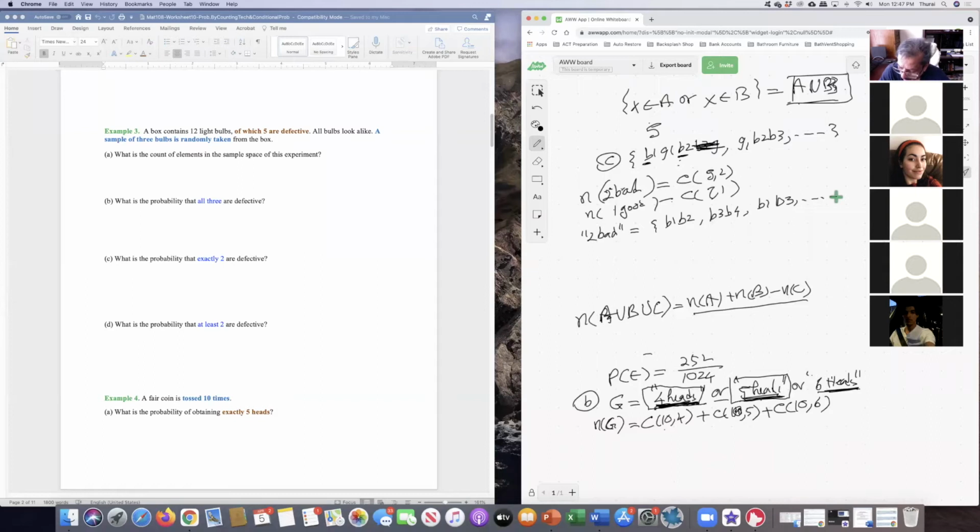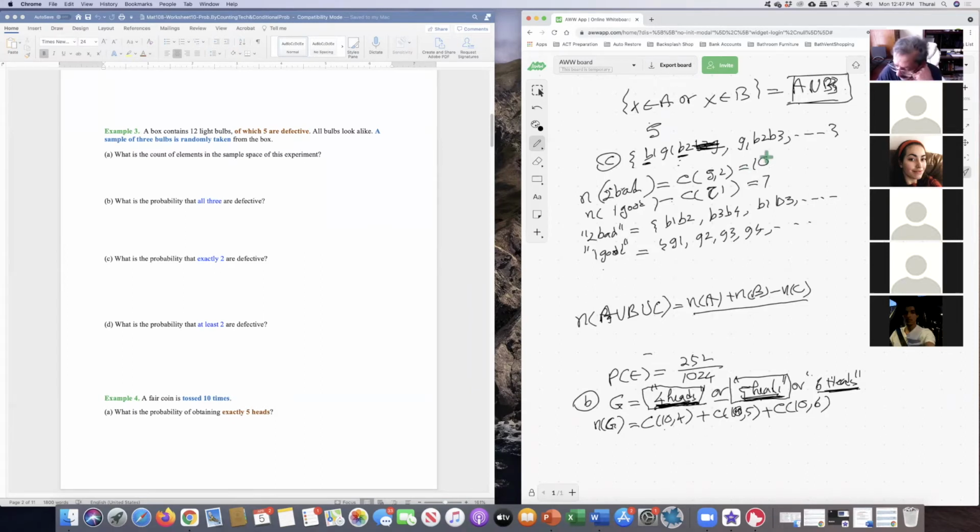And then the one good can be, that's another event. So that event has G1 or G2 or G3 or G4. And the count of that is what C(7,1) is, which is equal to 7. And this is 10. So there are 10 of those, 7 of these.